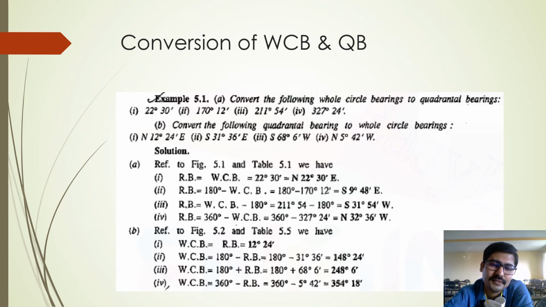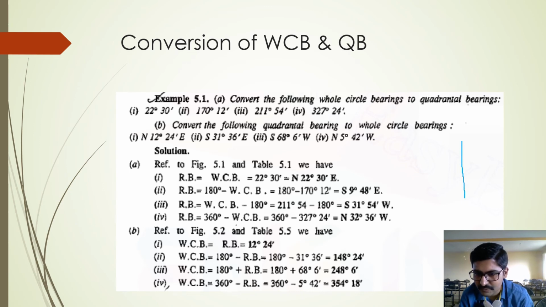Whole circle bearing means angles are given with respect to north only, measured in the clockwise direction, right? So 22 degrees 30 minutes from north makes an angle of 22 degrees 30 minutes. The whole circle bearing given is 22 degrees 30 minutes, and the reduced bearing will be north 22 degrees 30 minutes east, because it lies in the first quadrant, that is the northeast quadrant, isn't it?